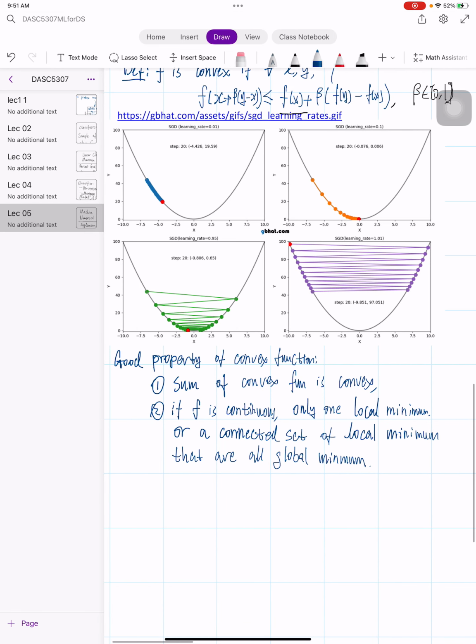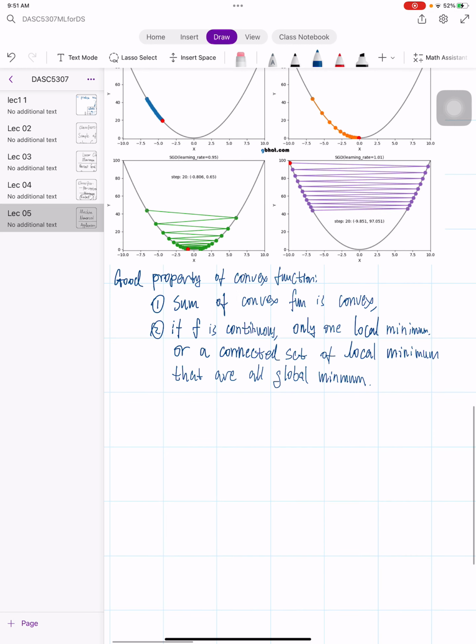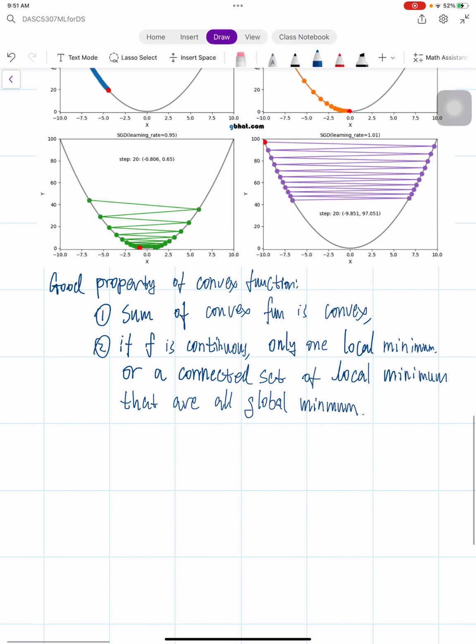So those are good properties of convex functions. And the first algorithm we're going to talk about is the gradient descent algorithm. Maybe I will talk more in the next video.